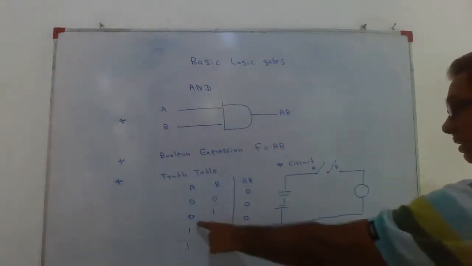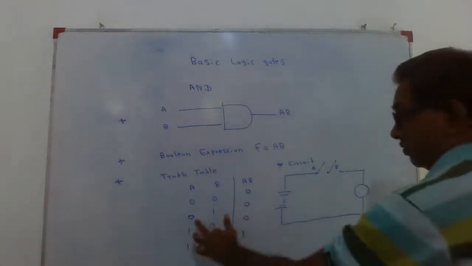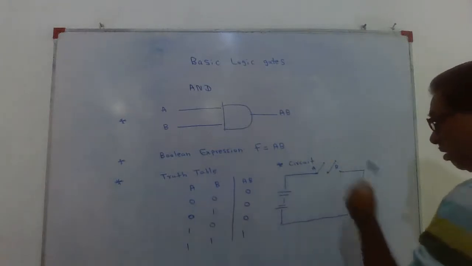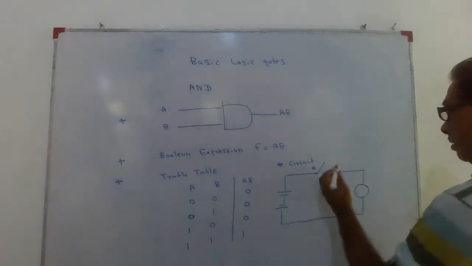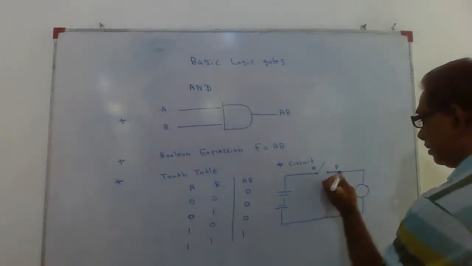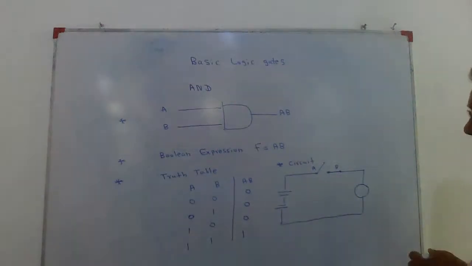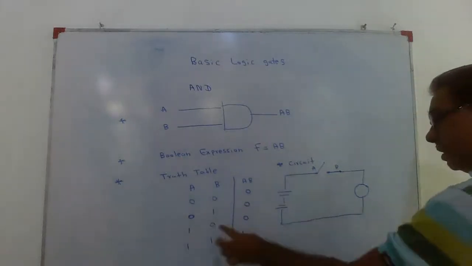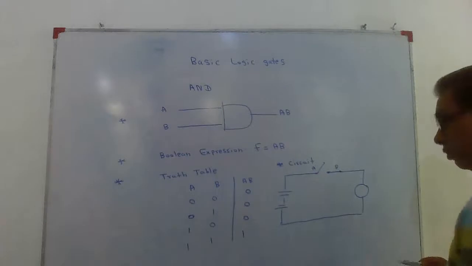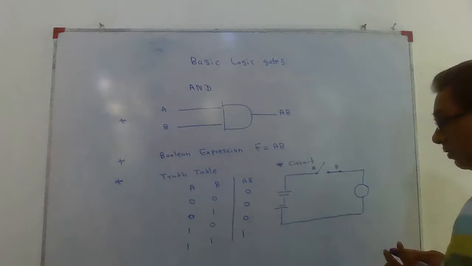In the second line, you can see the first one is still open. We can close the second one, but there is no way to pass electrical power. In the third line, if you close switch A, then switch B is open, so there is no way to pass electricity.